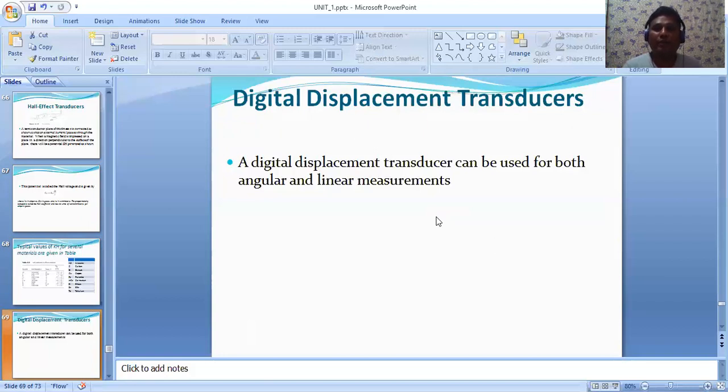Finally, the output of any form is converted to digital form. That means the input is analog, the analog input quantity, and finally it delivers the output in digital form. Here these transistors can be used for two types: first is angular, second is linear measurement of the digital displacement transistors.